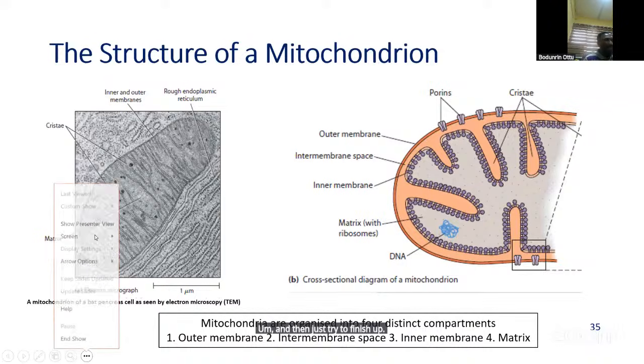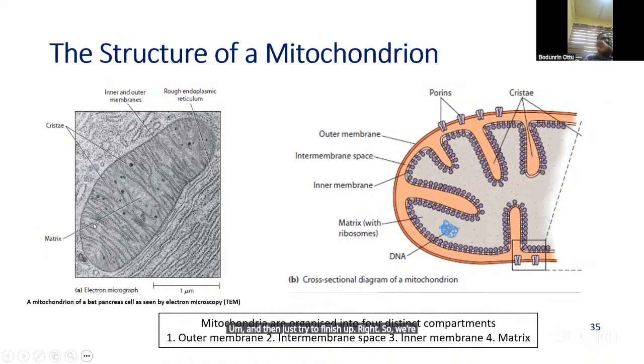Right. So we're just going to dive in quickly because we are pressed for time. This is 8:05 already, and I have to finish up today. So we started looking at the structure of the mitochondrion in our last lecture, and I told you that there are 4 parts.